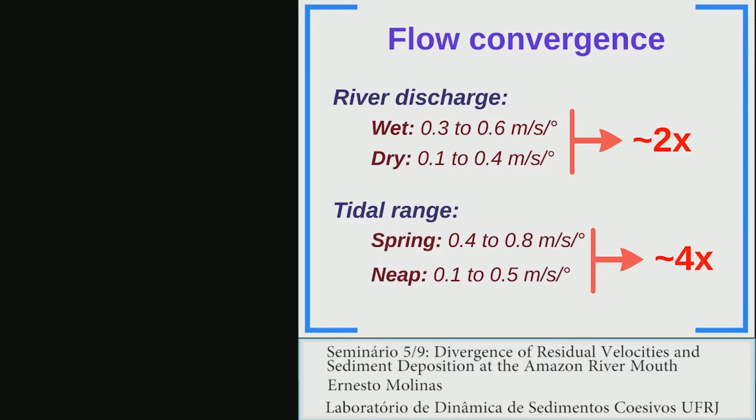The blue line is the position of the 30 PSU salinity, and the red one is the freshwater limit. During spring tides, the intensity of the cross-shore gradient of salinity gets much stronger. That makes flow convergence stronger also, and we are expecting to find more sediment deposition and more turbidity. It's just a zoom in.